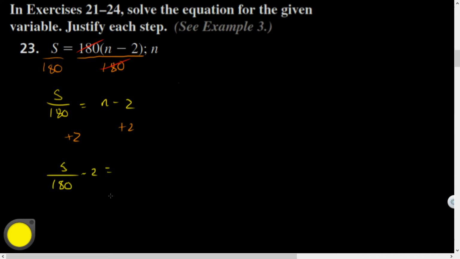Ah, my equal signs aren't lined up. How gross. Oh, thank you, that was Liam with the save. Liam math. And then I'll flip it around. I'll have n equals S over 180 plus 2.